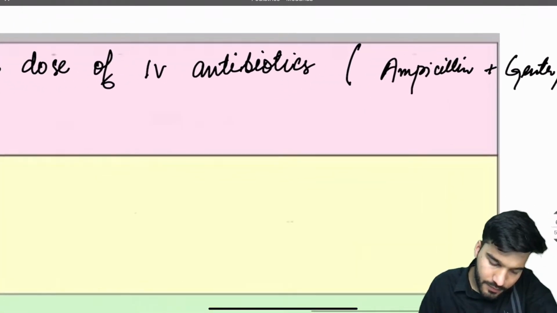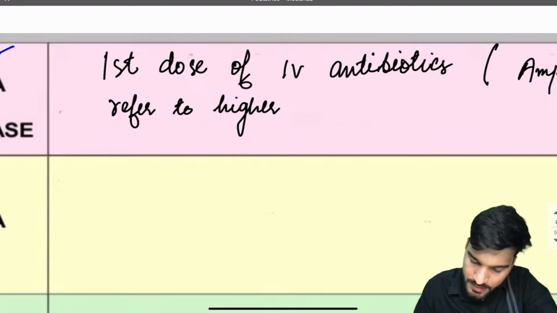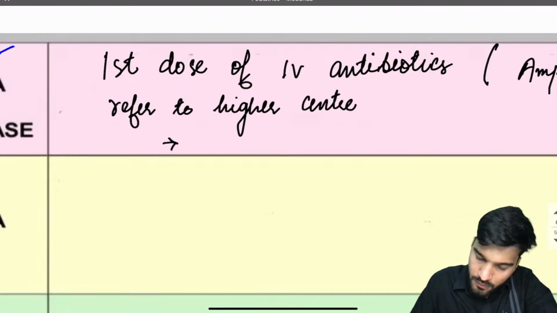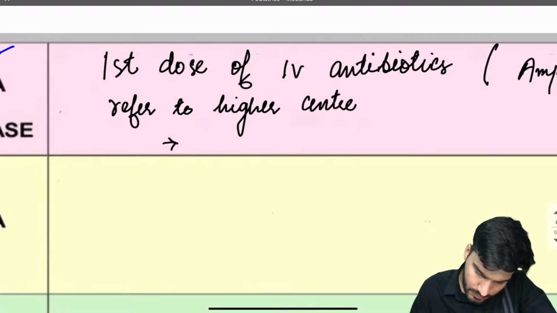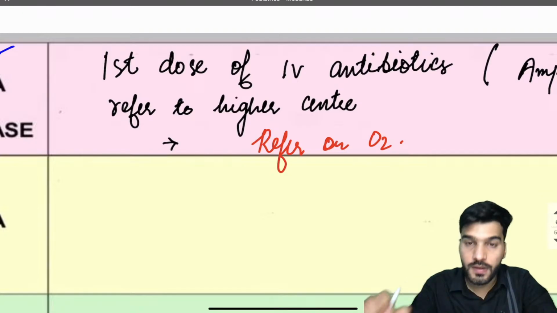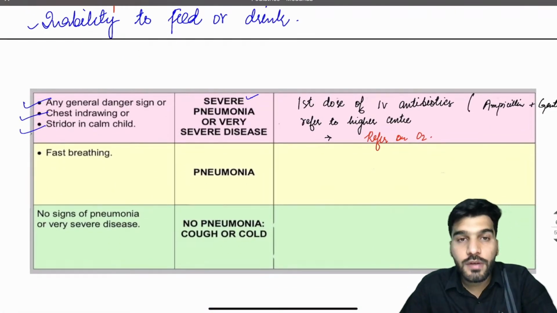And then refer to a higher center, and make sure the child is on oxygen. That will be the treatment for severe pneumonia or very severe disease.